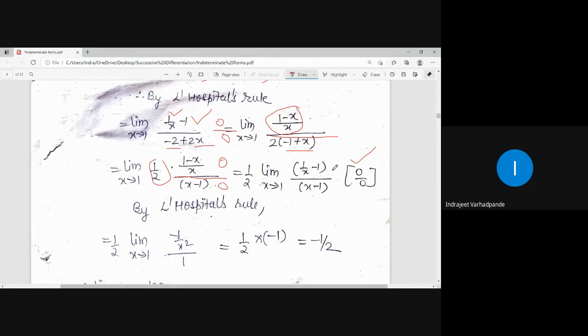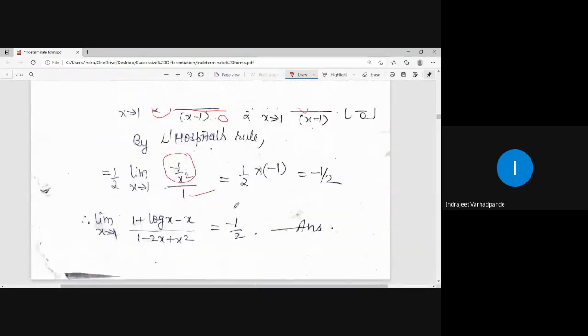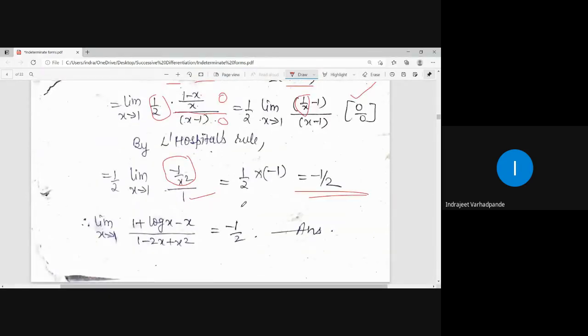Apply L'Hospital's rule. Derivative of 1 by x is minus 1 upon x square. Derivative of 1 is 0. And denominator is 1. So here I am getting the answer as minus 1 by 2.